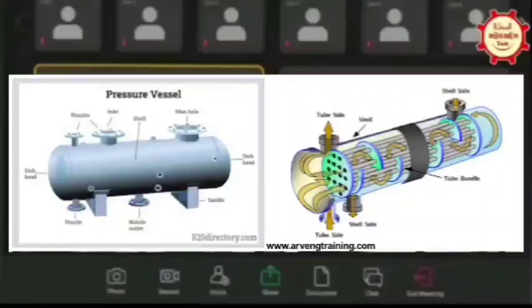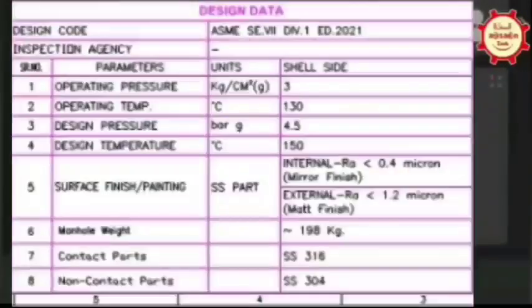So what are those loadings? Typically design pressure, internal design pressure, external design pressure, and sometimes wind loads, seismic loads, and many other kinds of loads. For all these, we need to make sure that the material selected and the thickness are adequate.